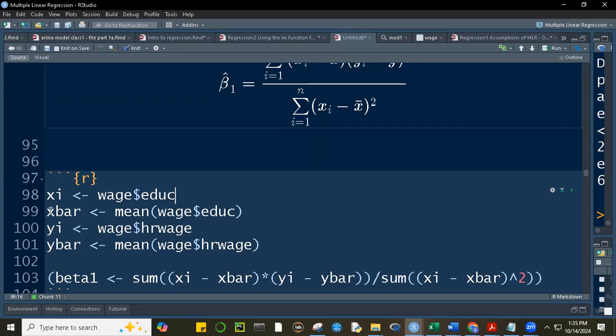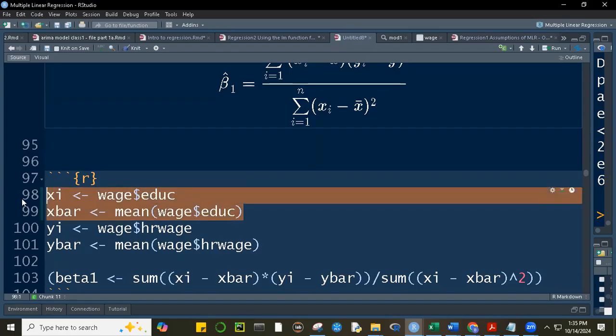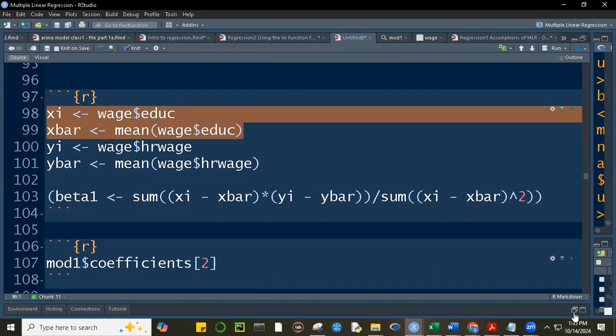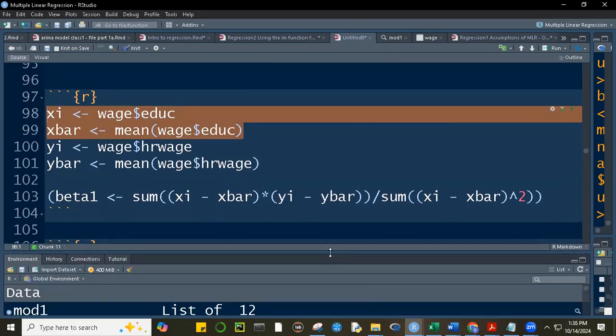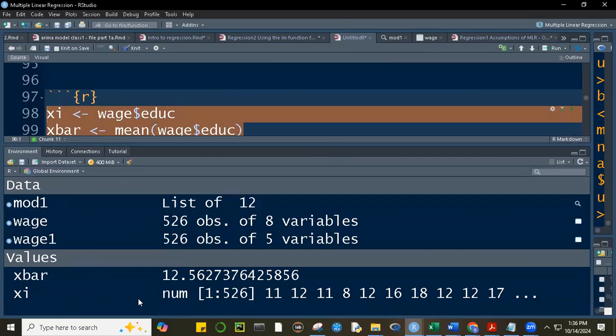Tapos ito, let x bar be the mean of the education. Average siya. Okay, so if I run this, class, take a look at the data here. So x sub i, these are just the values of your education, and this is the mean of education, and they're all vectors in these data frames.